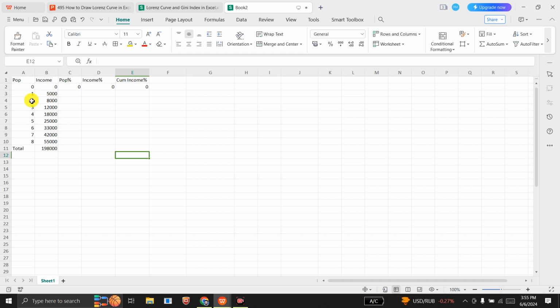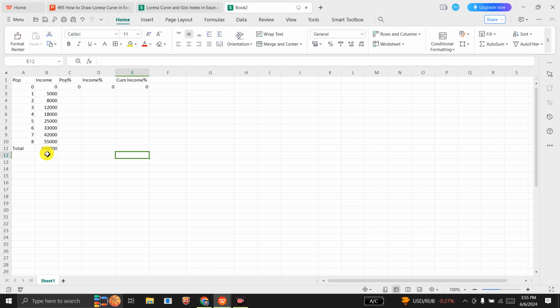Individual 1 earns 5,000 say weekly or daily, and individual 2 earns 8,000 rupees daily or weekly. Similarly, the 8th person is earning 55,000 in a week or in a day, and if we sum up their income, the total income is equal to 1,98,000 rupees.